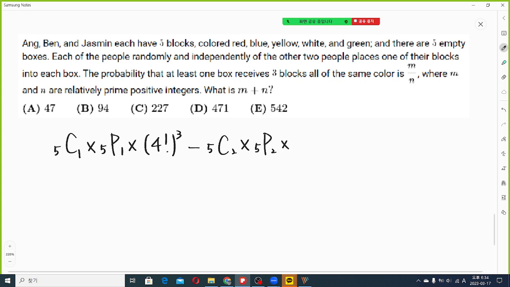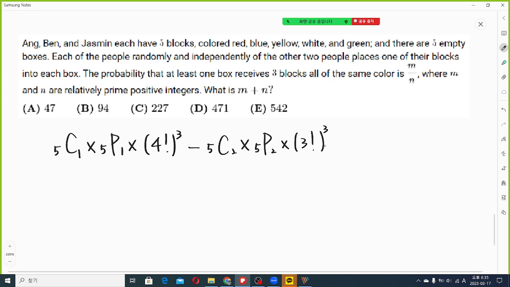And then for the remaining three colors, we can make random arrangement, so this is 3 factorial. And once again, this is cubed because there are three colors.